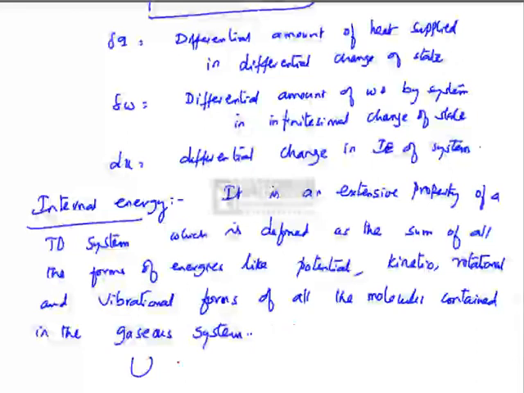U, which is a symbol for internal energy, should be measured in kilojoules. When capital U, which is the total internal energy, is divided by the mass of the gas, we get specific internal energy of the system in kilojoule per kg.